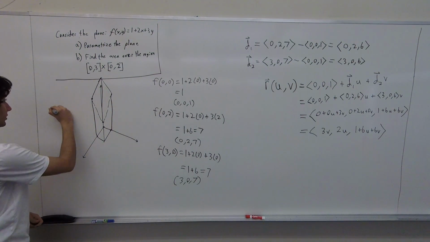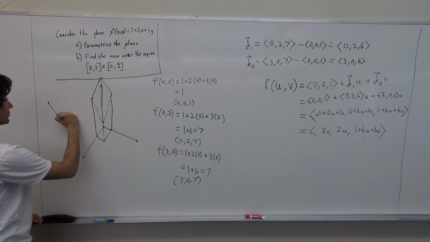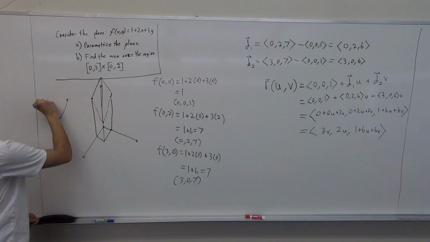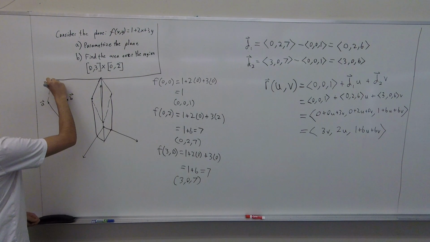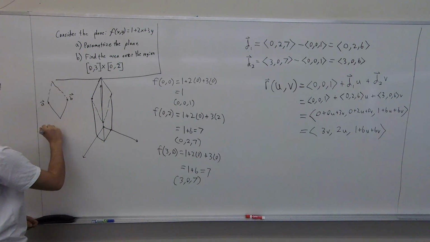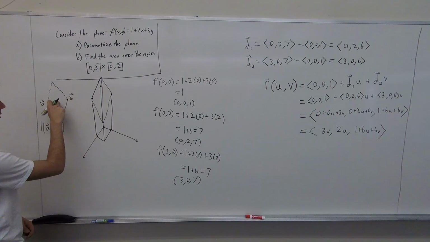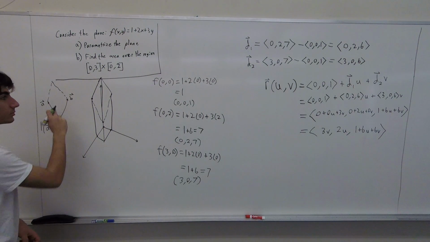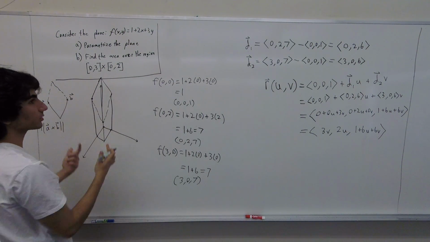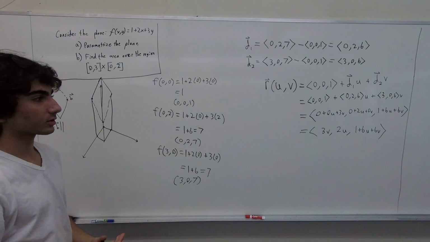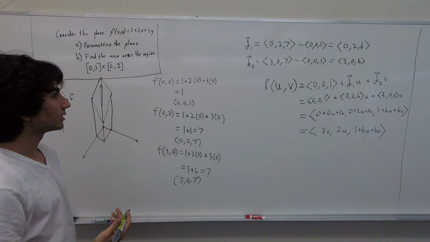If we were to draw that out, if we have these two vectors, A and B, the magnitude of A cross B equals the area of this parallelogram. Well, we already have these two vectors we found earlier, and they form this parallelogram. Now we just need to take the cross product and find the magnitude of that.